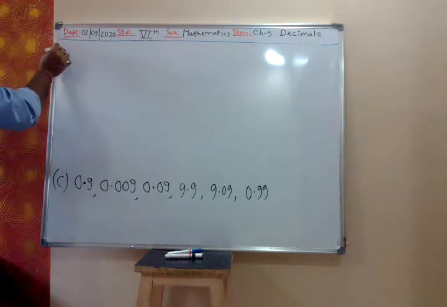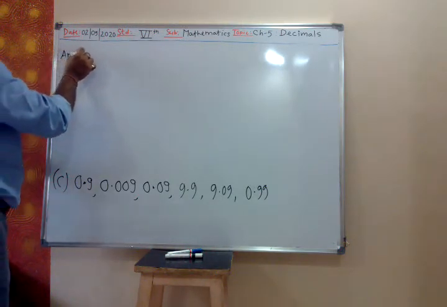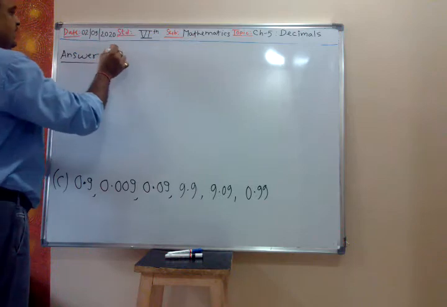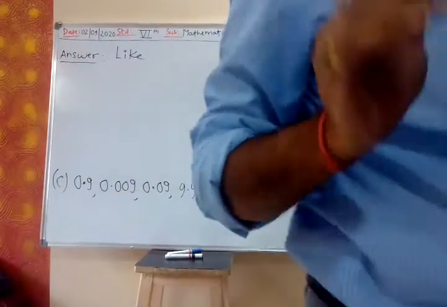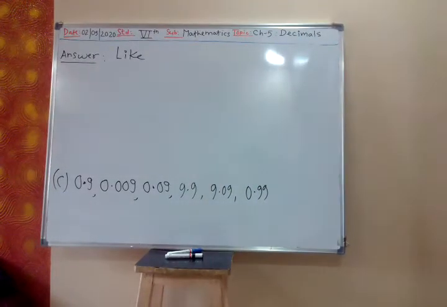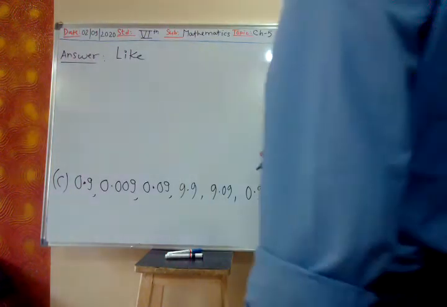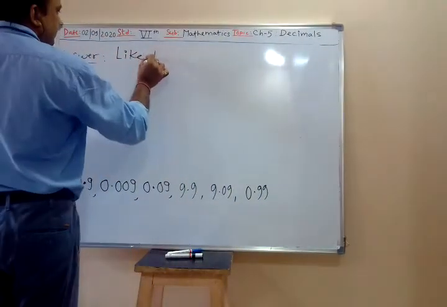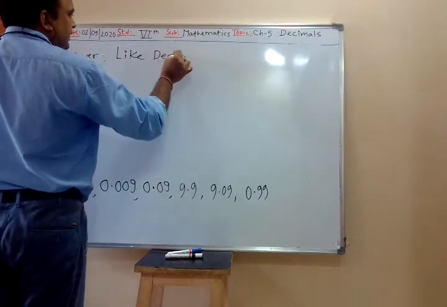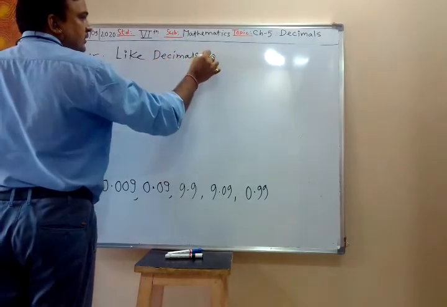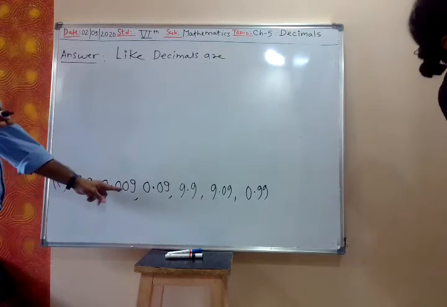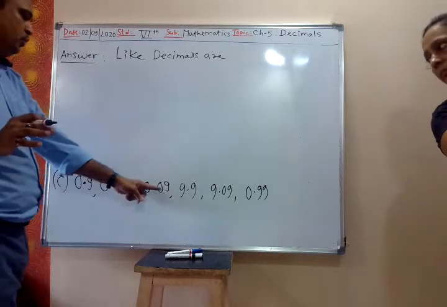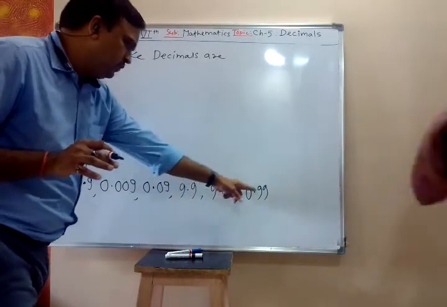So now we write the answer. Like decimals are, we have to convert them into like decimals. After the point there are 3 digits, 1 digit, 2 digits, 1 digit, 2 digits, 2 digits.